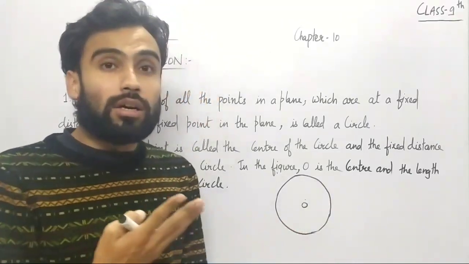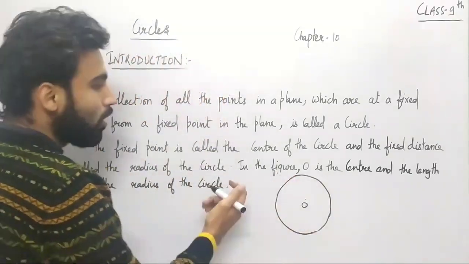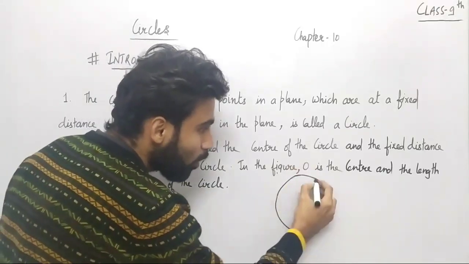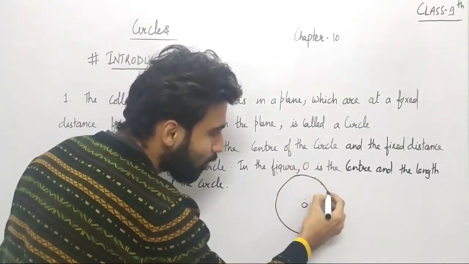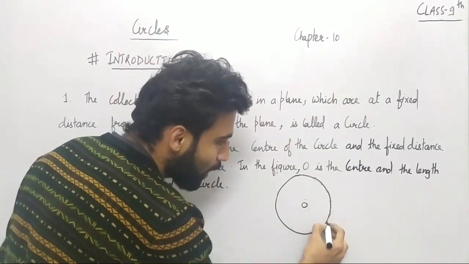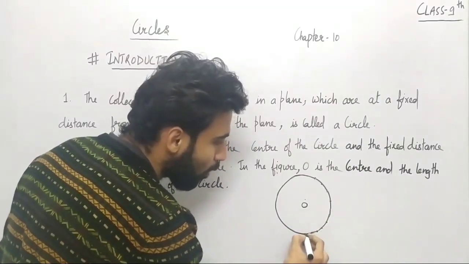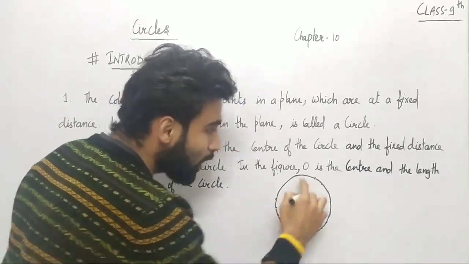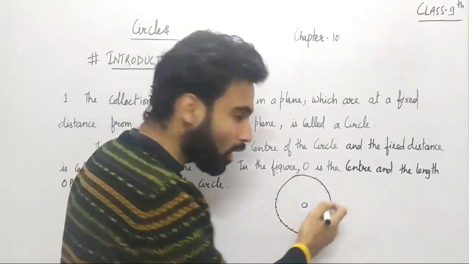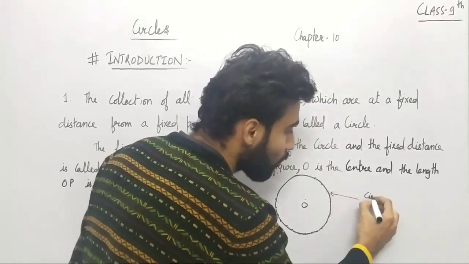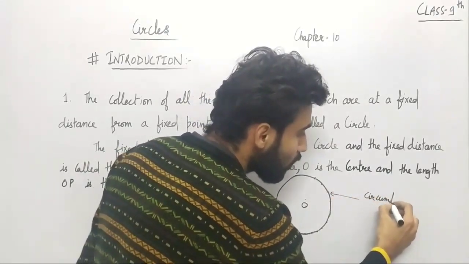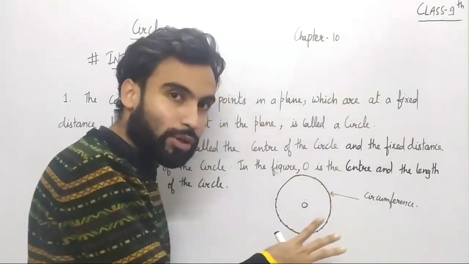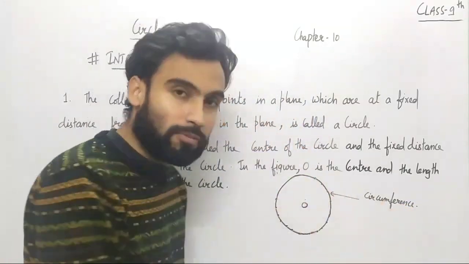You can see this line here, this curve. If I talk about many points on this curve, there are infinite number of points on this circle, right? This curve of the circle is known as the circumference, right?